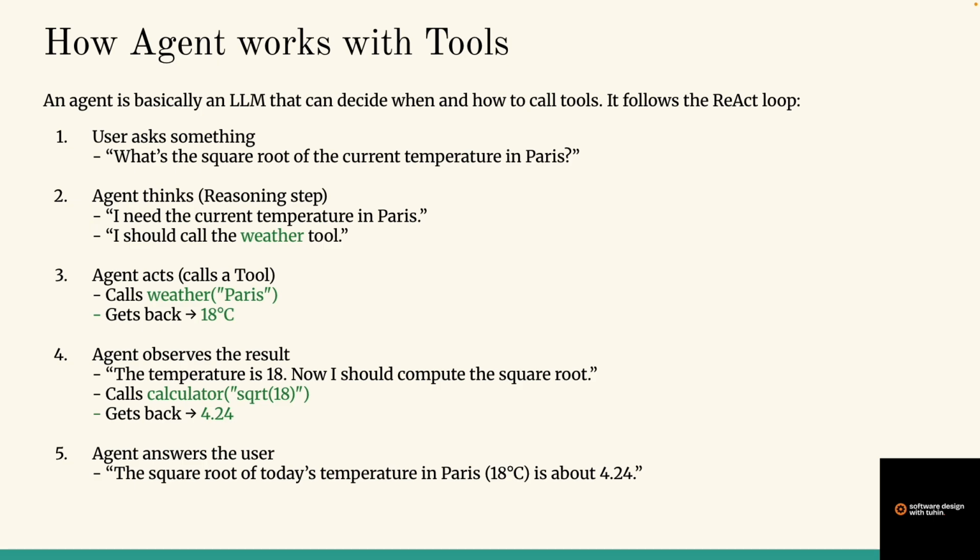Then the agent acts, calls the weather tool and passes the argument Paris. Then it gets back the result, 18 degrees centigrade. Then the agent observes the result: the temperature is 18 degrees. Now I should compute a square root. Then it calls the calculator function, square root of 18. Then it gets back 4.24. Now the agent answers the user: the square root of today's temperature in Paris is 4.24.